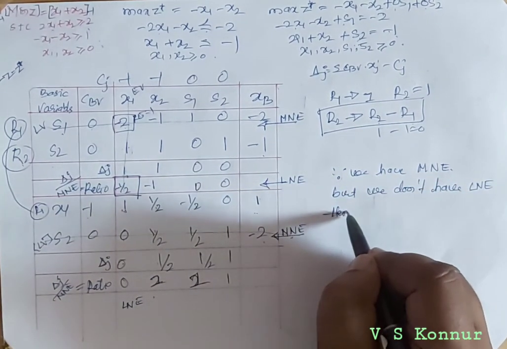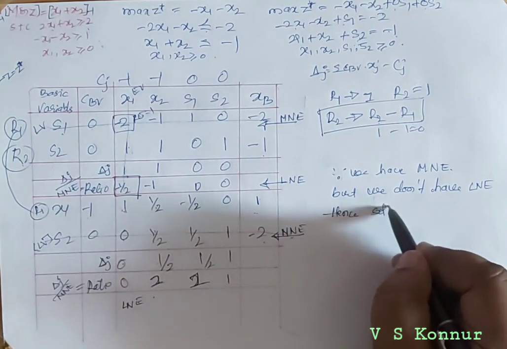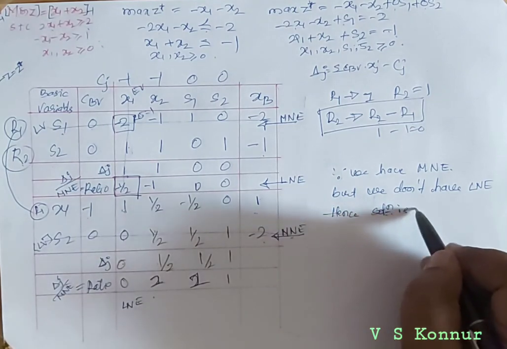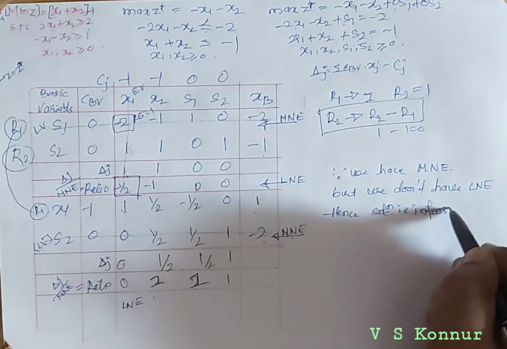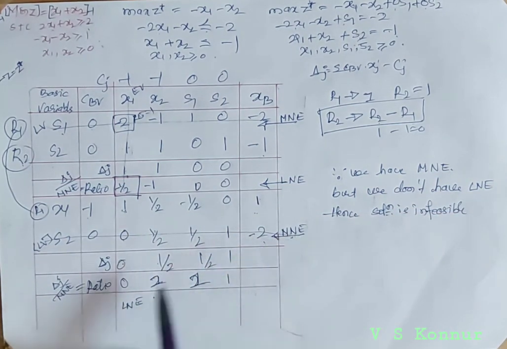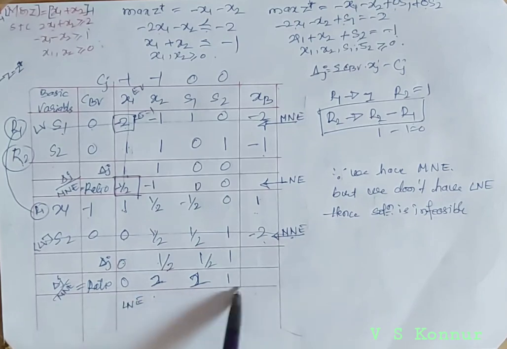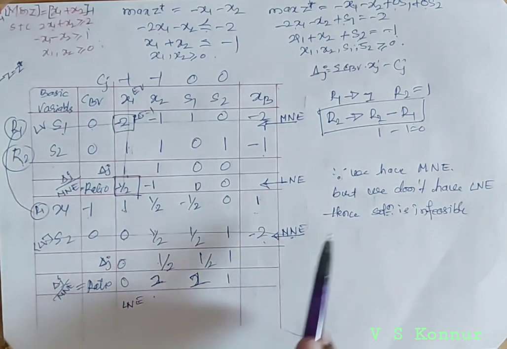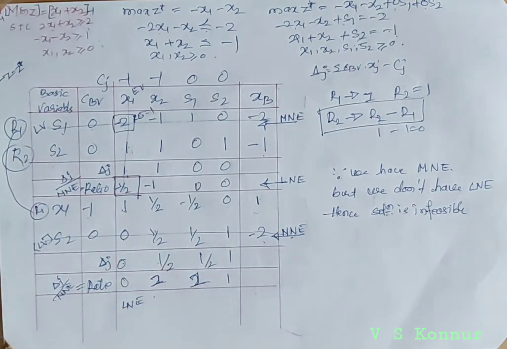Hence the solution is infeasible. We have a most negative element in the XB column, but we don't have a least negative element in the ratio. Because of that, this is called an infeasible solution.